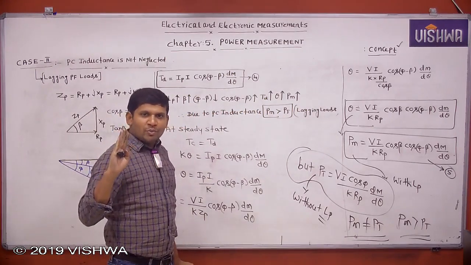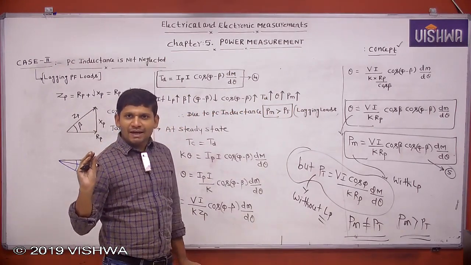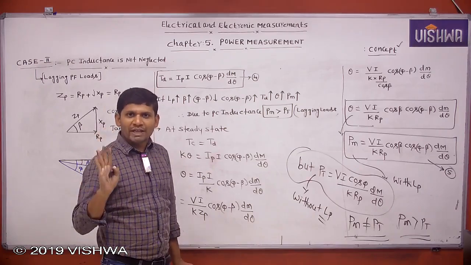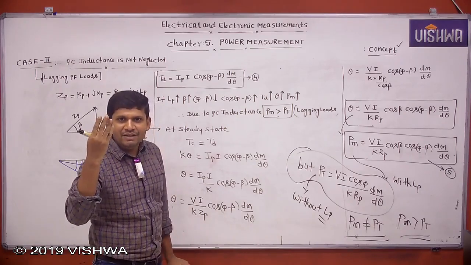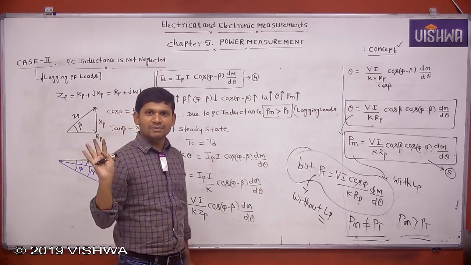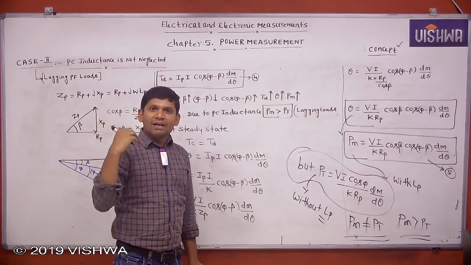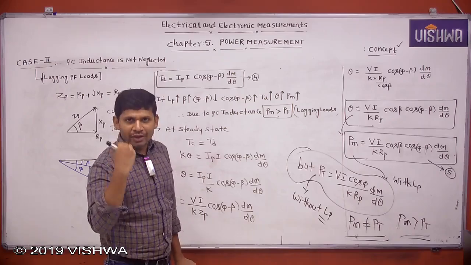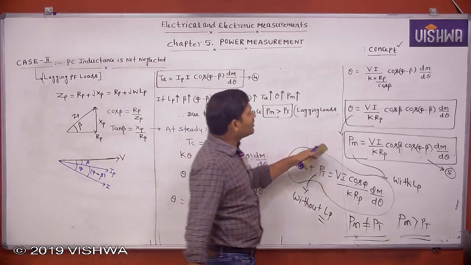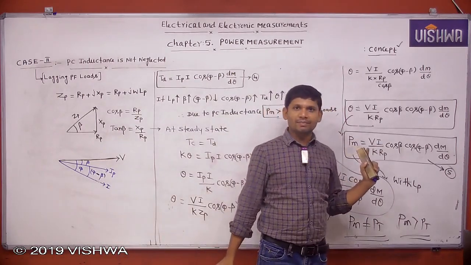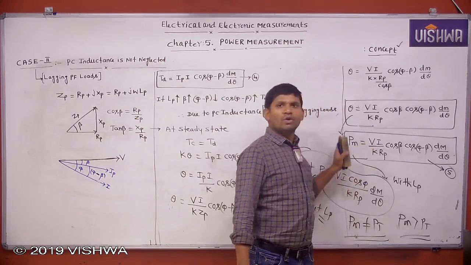Case 1, I am assuming that without any pressure coil inductance, then we get the true power expression. But practically that is not possible. That is only the ideal case. But practically, what is the power measured by the wattmeter that I want to calculate? This is the power measured by the wattmeter practically. But this power is not equal to true power.